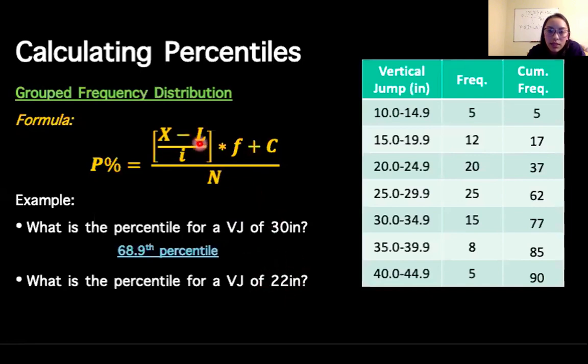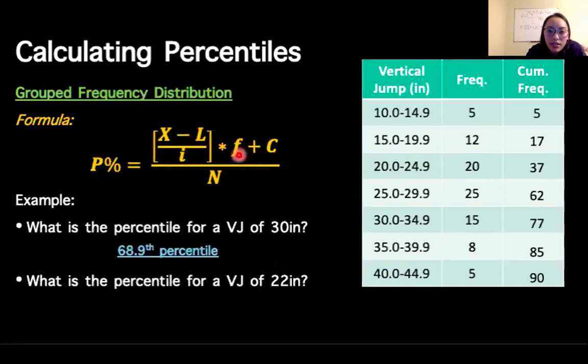What would L be? 20, because 22 resides in this interval. 20 is the lower bound. What's our interval size? 5. So that would be I.